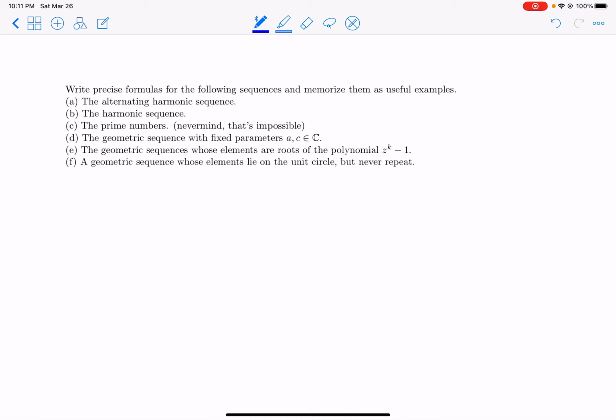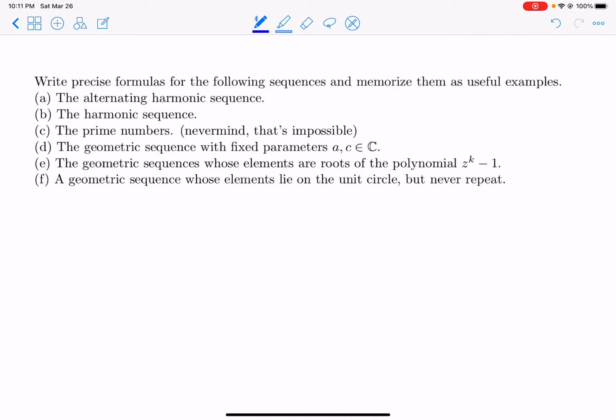Okay, hi everybody. So, the point of these problems, like quizzes where you're quizzing yourself on this afterwards, is that there are some things that you should just be really familiar with. Certain examples you should know immediately: harmonic sequence. This is an example that I'm just going to use again and again to test my understanding of concepts.